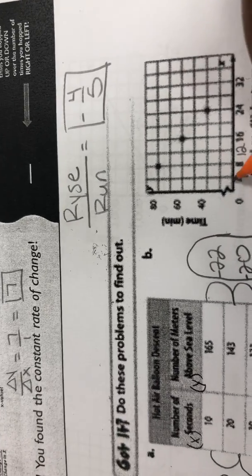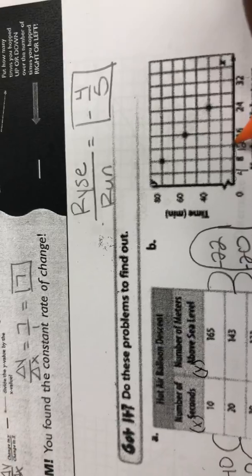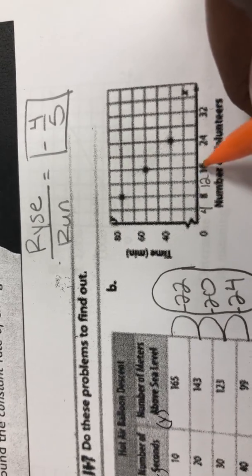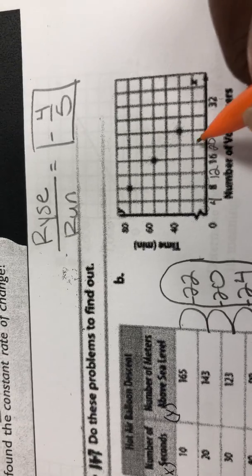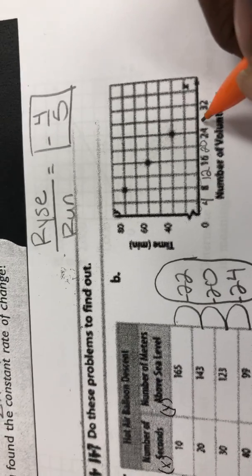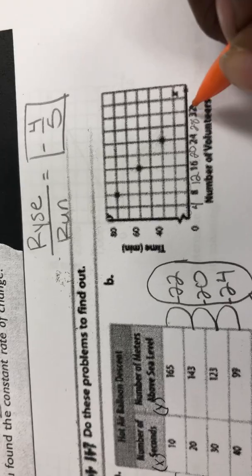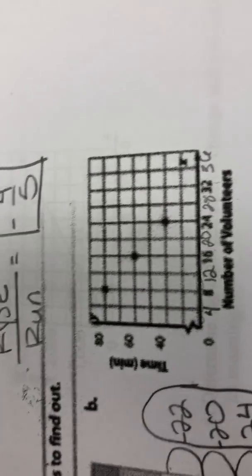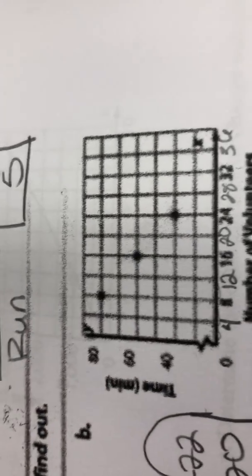So it looks like these are just going by 4s if you look at the boxes. So 4, 8, 12, 16. That means this is 20. This is 24. This is 28. That's 32. This is 36.